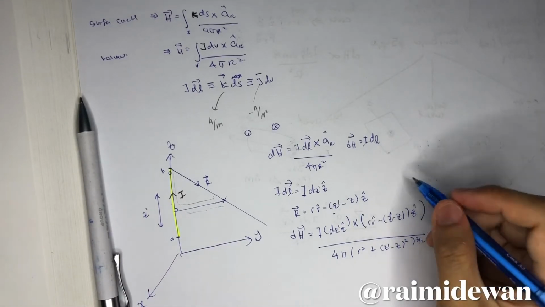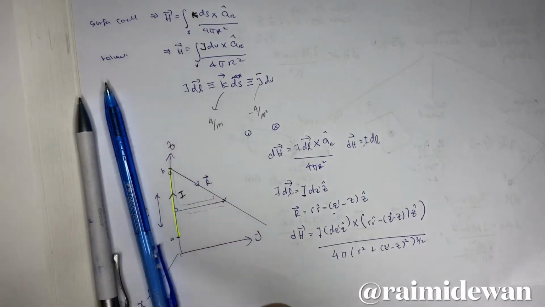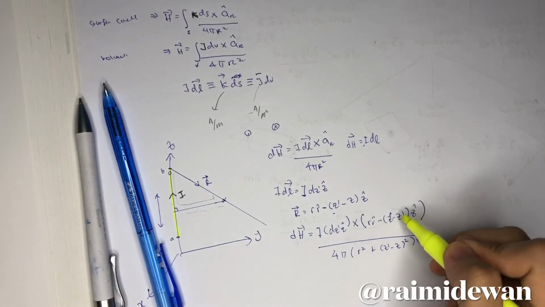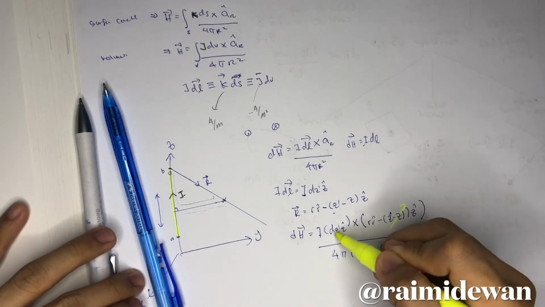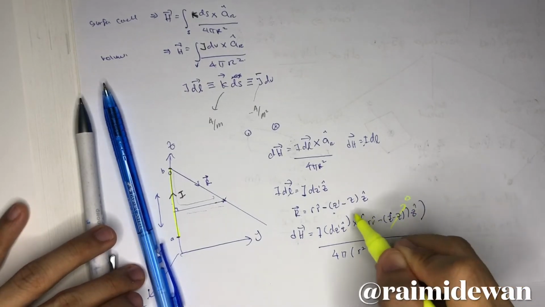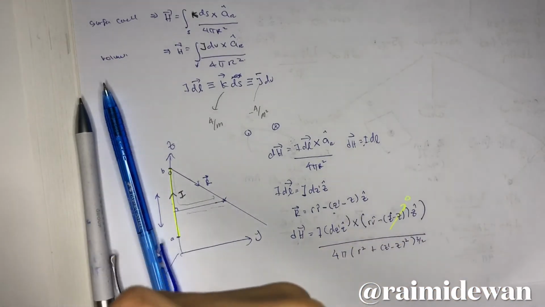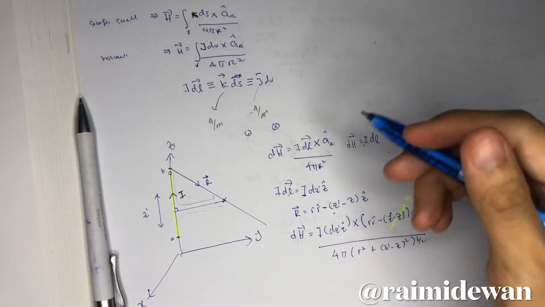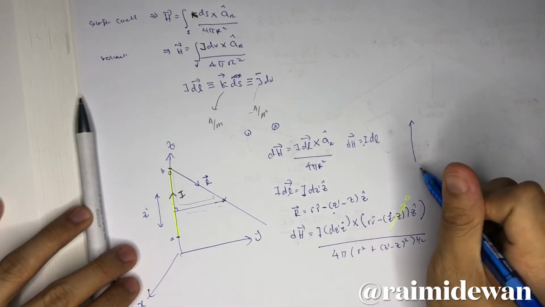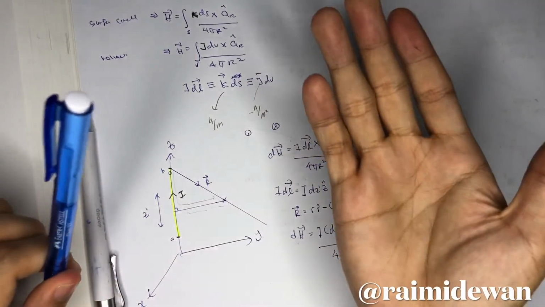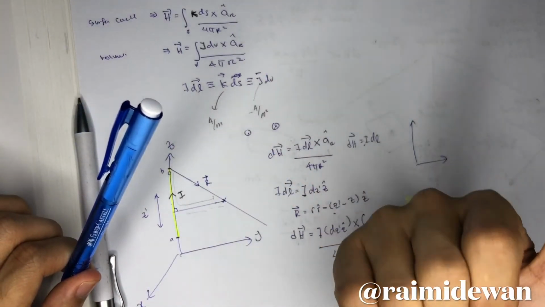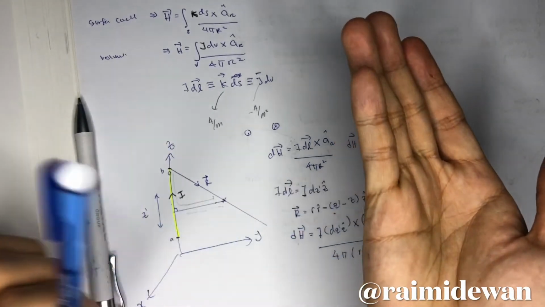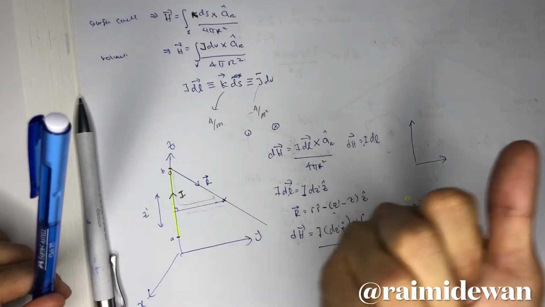So if you guys notice, this and this are parallel. In vector cross product, the parallel will be 0. So this one is 0. Now we are left with this and this. If you see, this is z going up and r going here. So z r, z here and r, so you have here.